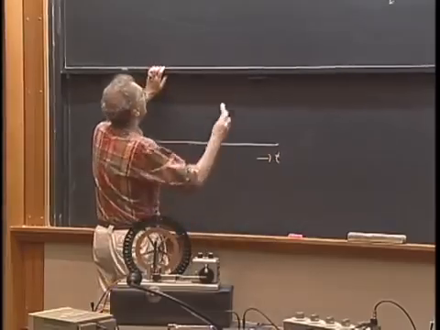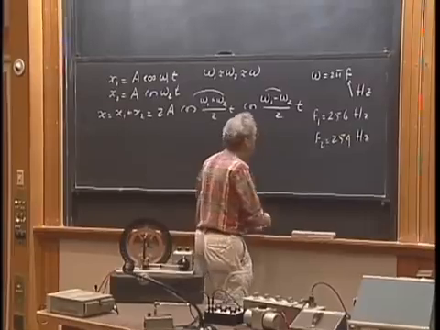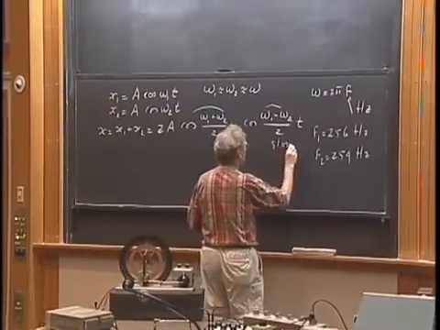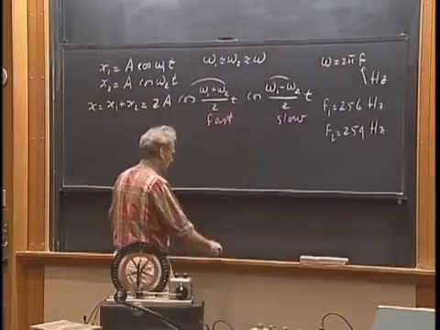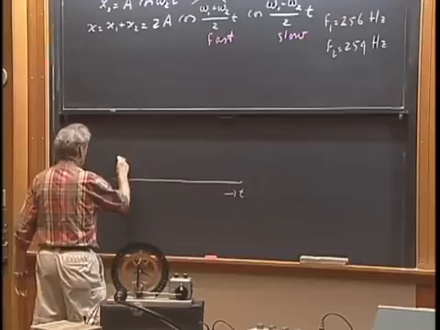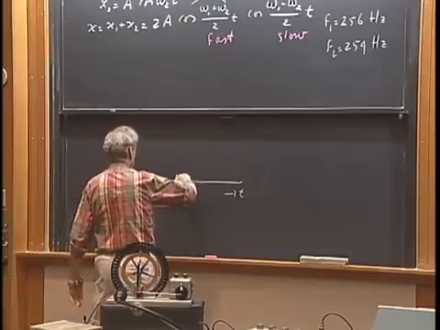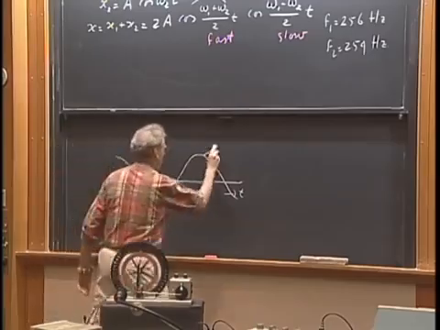And so what happens is that if you make a plot of x as a function of time, I will first sketch this very slow term. So this is very slow compared to this one, which is very fast. I will first make a sketch of the very slow one. So this is the slow one.